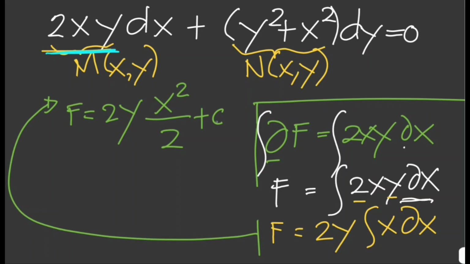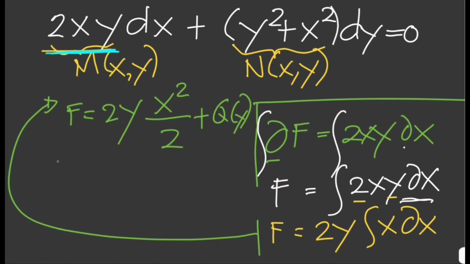So we can use c1 of y, or we can use q of y. In this case, I will just use q of y. But actually, q of y, c1 of y, whatever notation you use, it is just the same as the constant c. So it won't be confusing. I will just use a different variable.